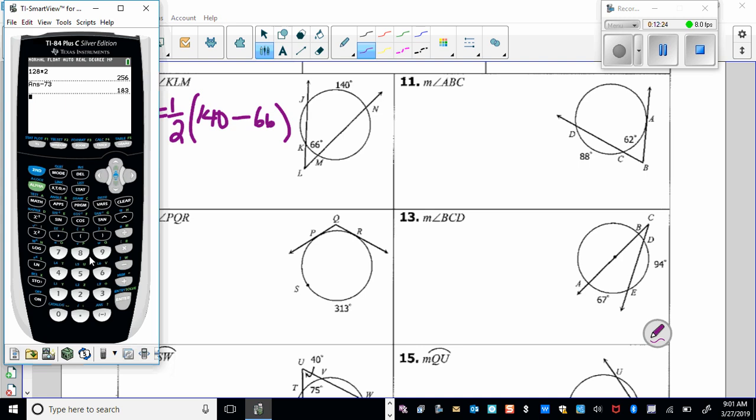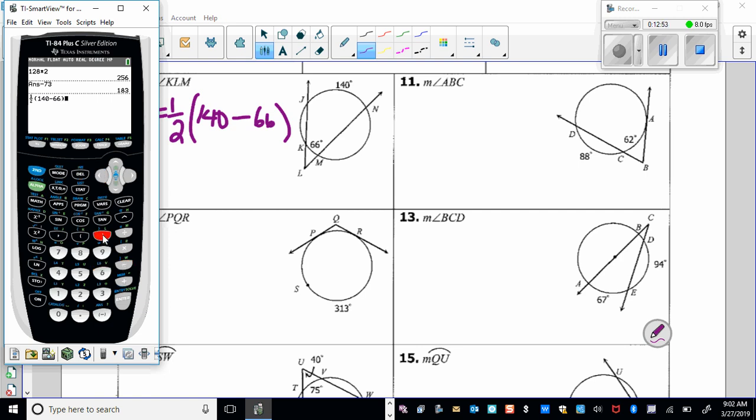You can even use the fraction key. I know it'll probably take longer to do it this way because I have to press the right keys. 140 minus 66, close parentheses.